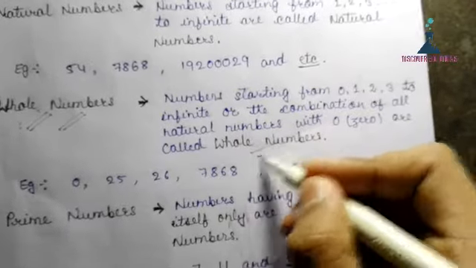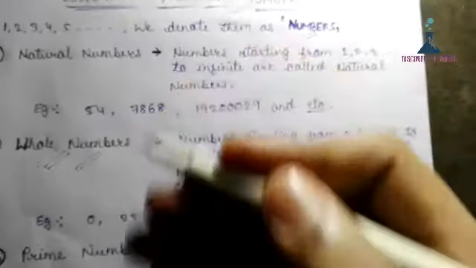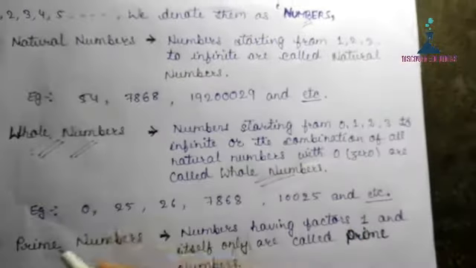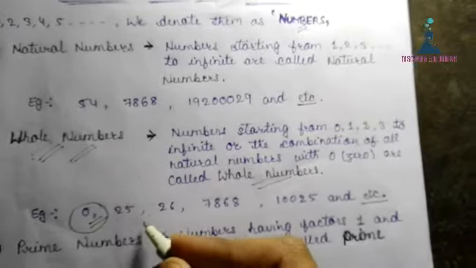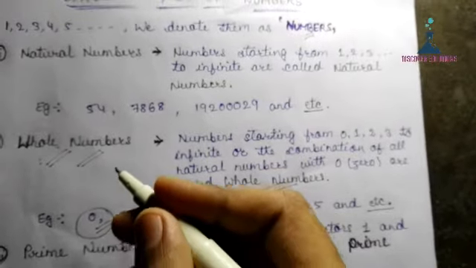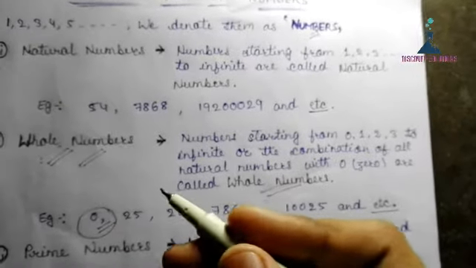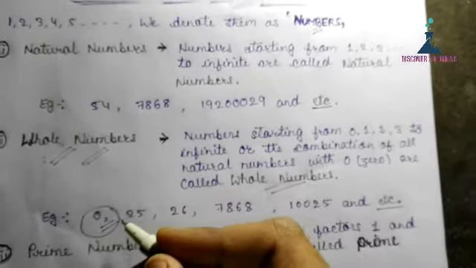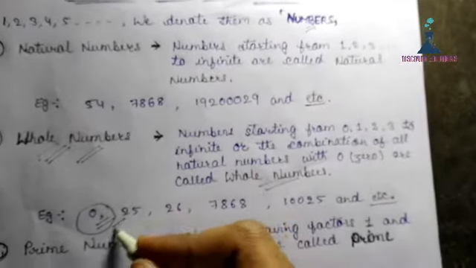These are so simple to understand. We just have to add zero to the natural numbers and we get the whole numbers. This is the only extra in whole numbers. So we say that all natural numbers are whole numbers, but we don't say that all whole numbers are natural numbers, because in natural numbers we don't have zero, and in whole numbers we include zero.